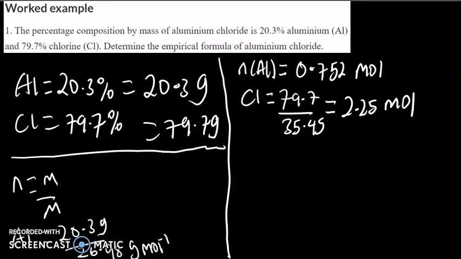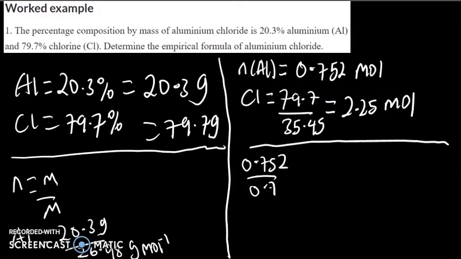After this, the next step is dividing the moles by the smallest, or the simplest ratio. So that will be 0.752 divided by 0.752, because that's our smallest. And 2.25 divided by 0.752: you'll get 1 for the aluminum, obviously, and if you divide the chlorine you'll get 3.